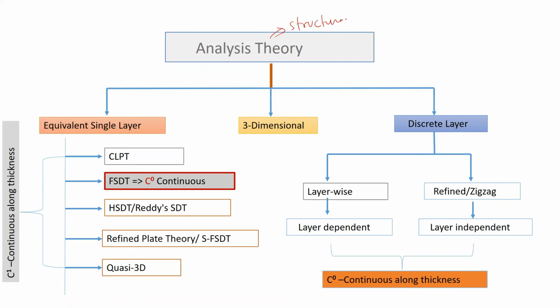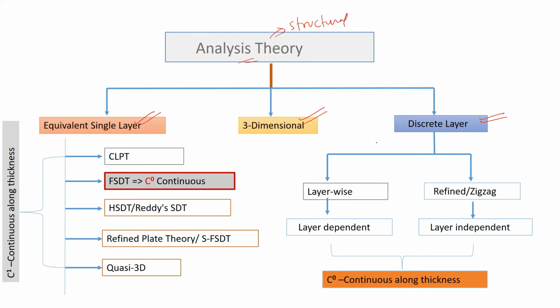First we apply, for the composite plate, the equivalent single layer theory. We can also go for the three-dimensional theory, or another is the discrete layer theory.